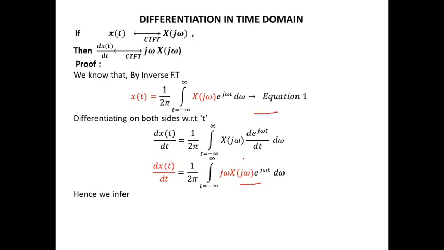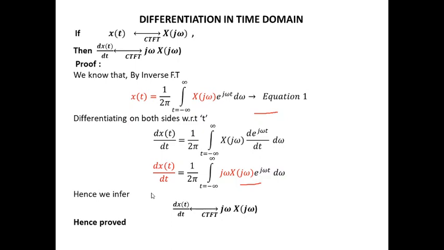When you compare, it is very much evident that if X(jω) is the Fourier transform of x(t), then jω X(jω) will be the Fourier transform of dx(t)/dt. So this is the proof. We'll go on to the next property.